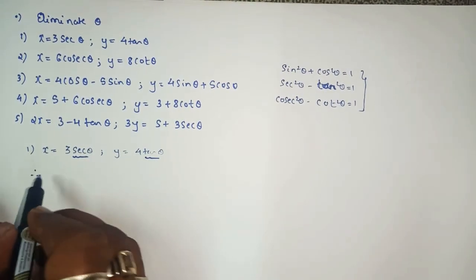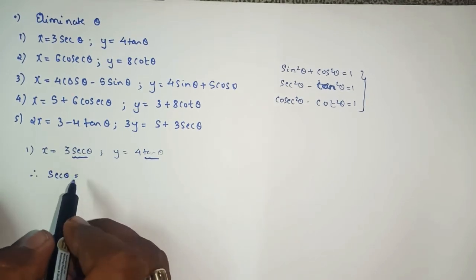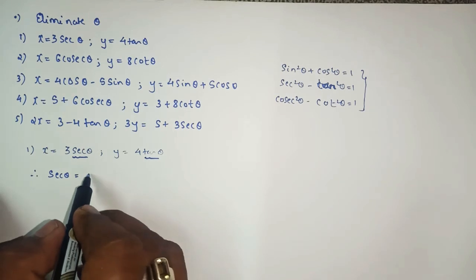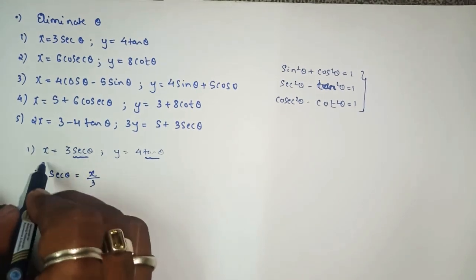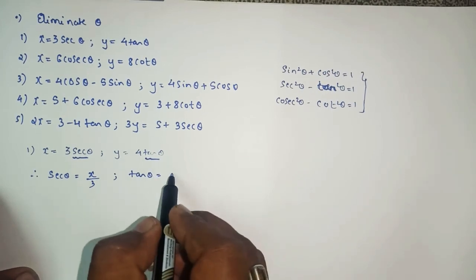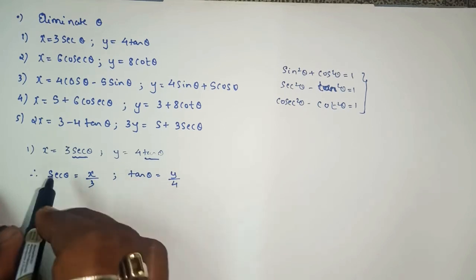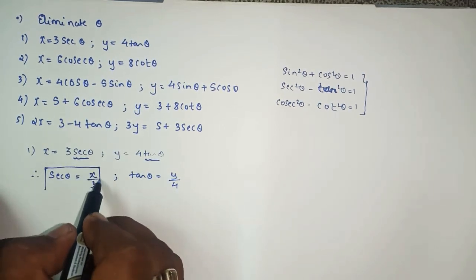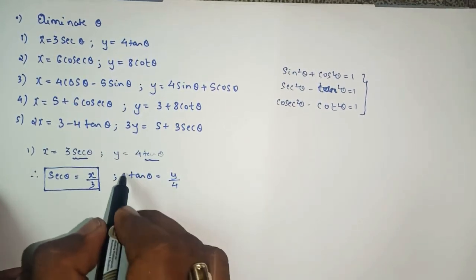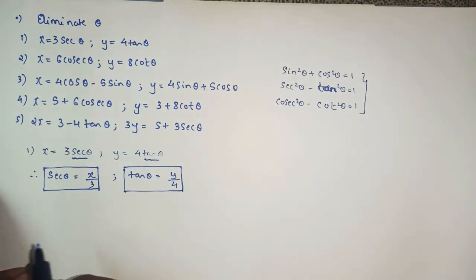So sec theta will be equal to x by 3, this 3 will go down, and tan theta will be equal to y by 4, this 4 will come down. So here we got sec as x upon 3 and tan as y upon 4.